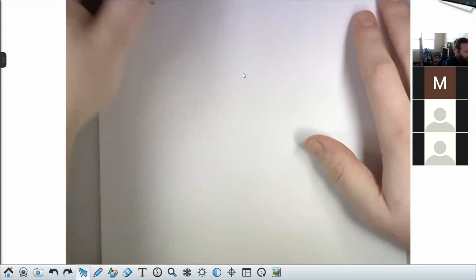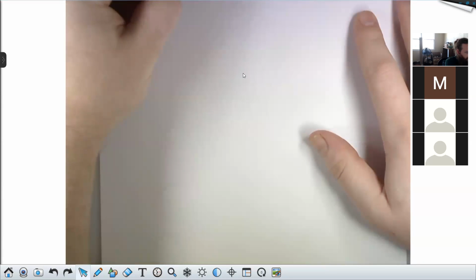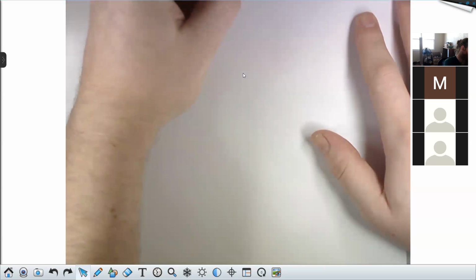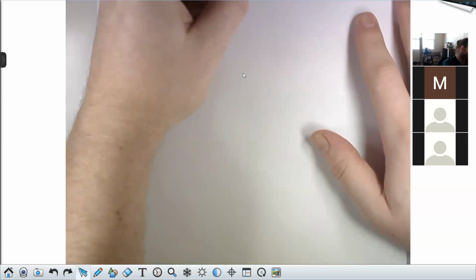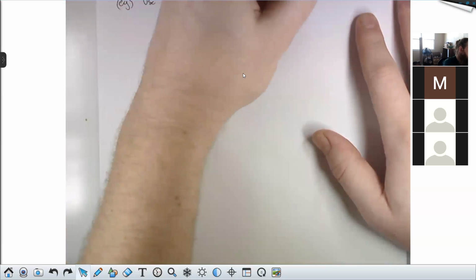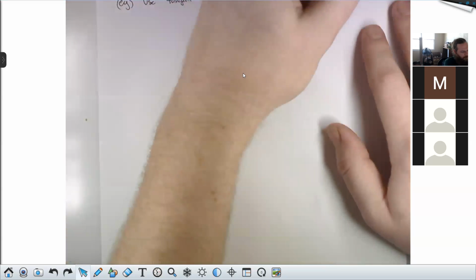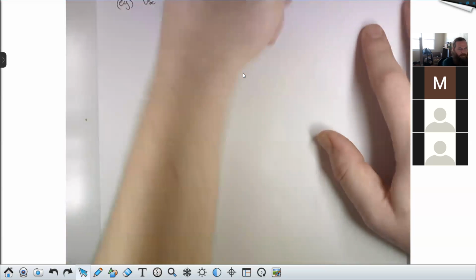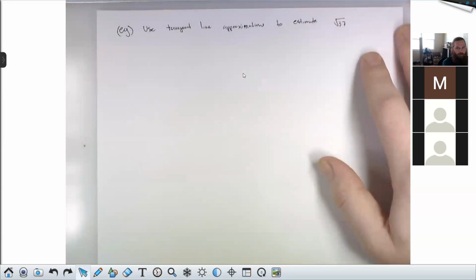Right, so let's use tangent line approximation to estimate the square root of, let's go with the square root of 37. Whoop, you guys can't see that, can you?